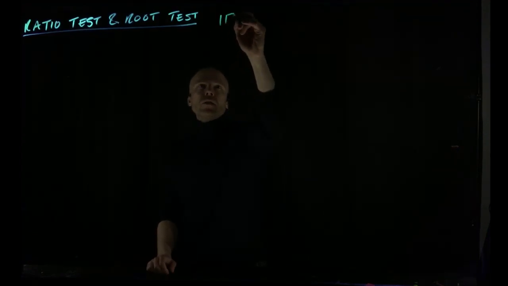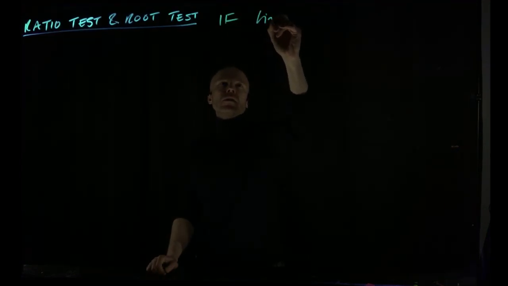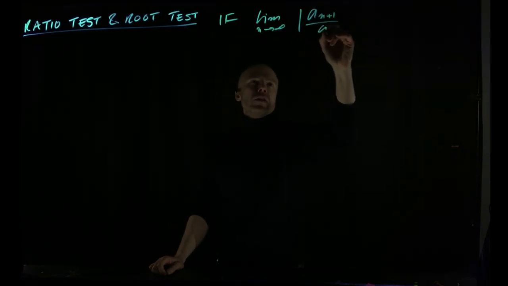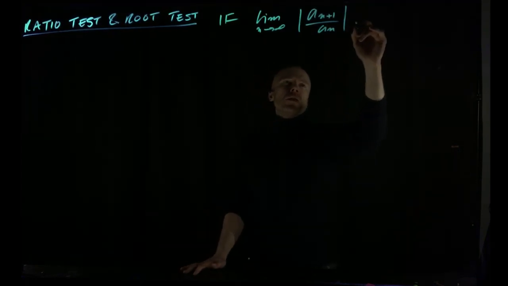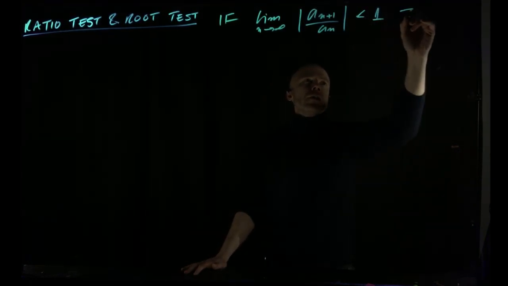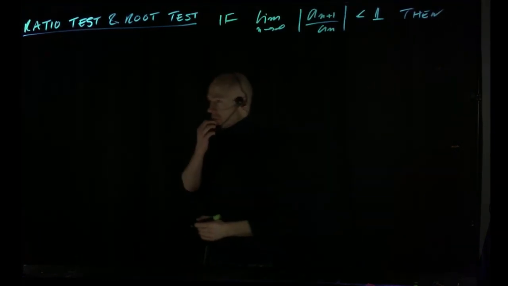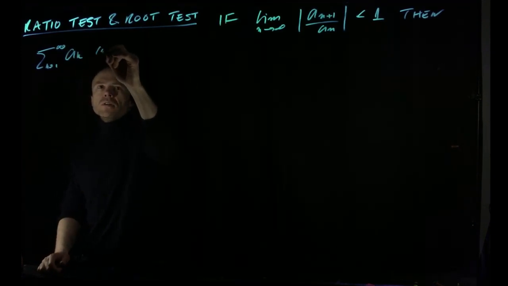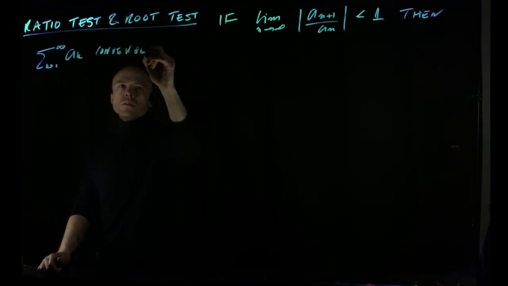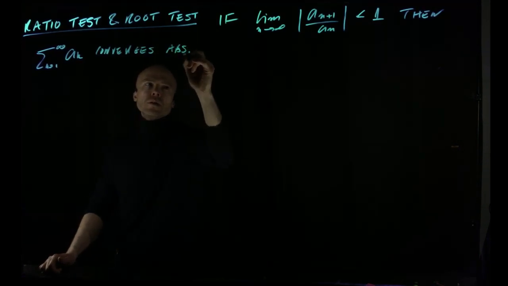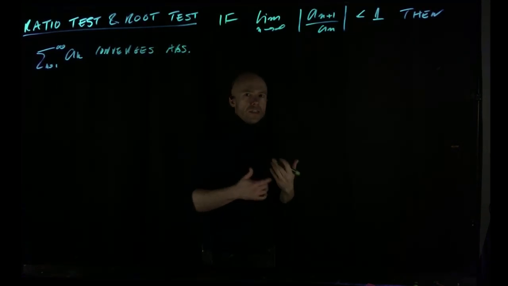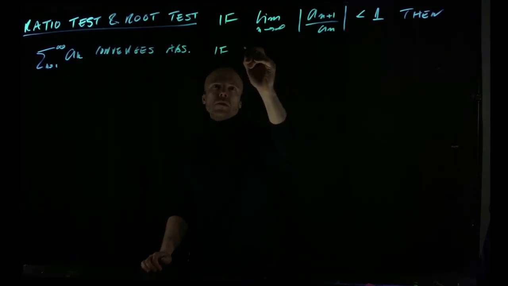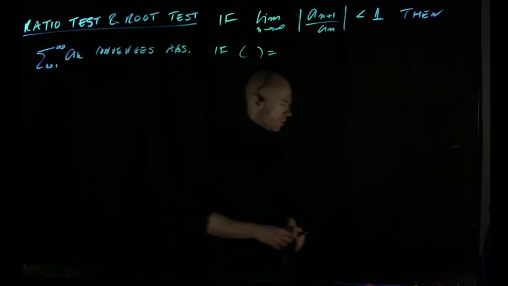So if we have that the limit as n goes to infinity of the absolute value of a_(n+1) over a_n exists and is less than 1, then the series sum from k equals 1 to infinity of a_k converges absolutely. If this limit is equal to 1, then it says nothing.